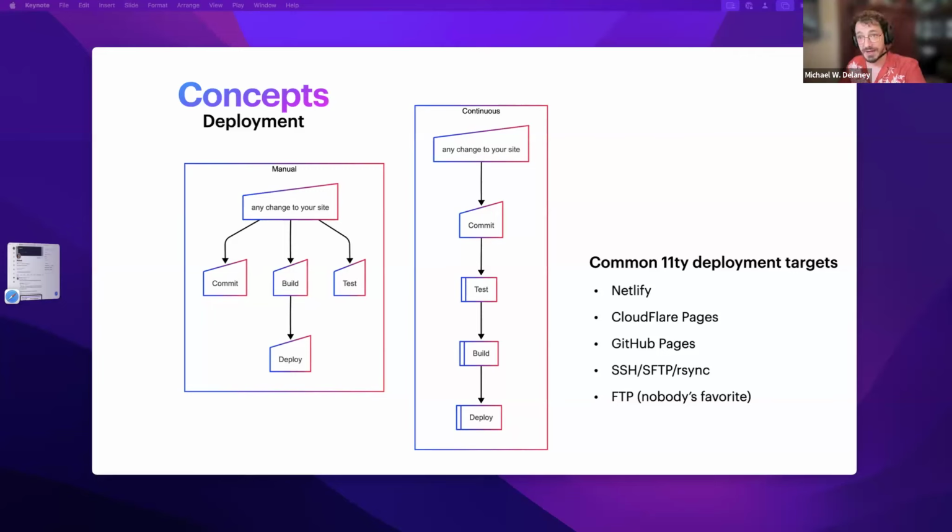You have to build the site, type npm run build. You may also want to test the site, make sure that it builds correctly, and then hopefully you do all of those things and then deploy your site. Those are all manual steps you have to do in the right order.